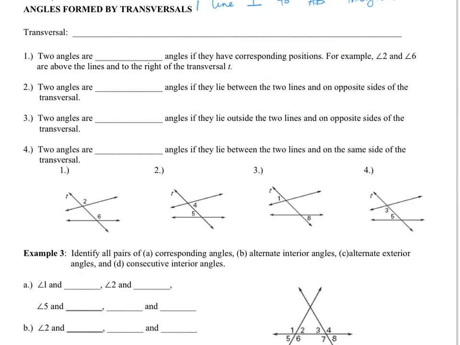Angles formed by transversals. A transversal is a line that intersects two or more coplanar lines at different points.